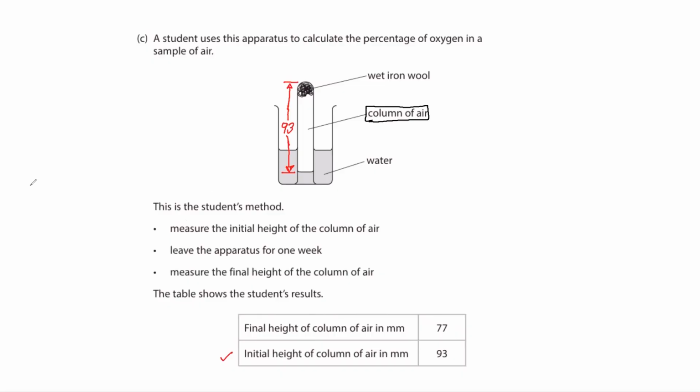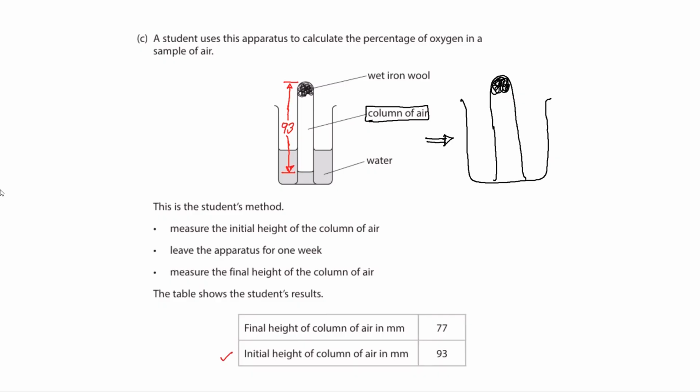Then what we do here is, I'll redraw this. We have the beaker, and we have the boiling tube, which is inverted. Inside that, we have the iron wool. What will happen when you have wet iron wool here?